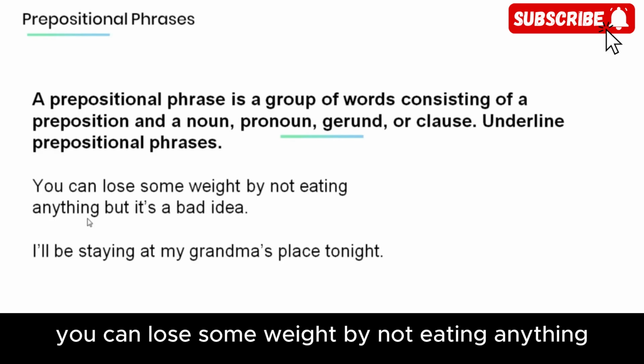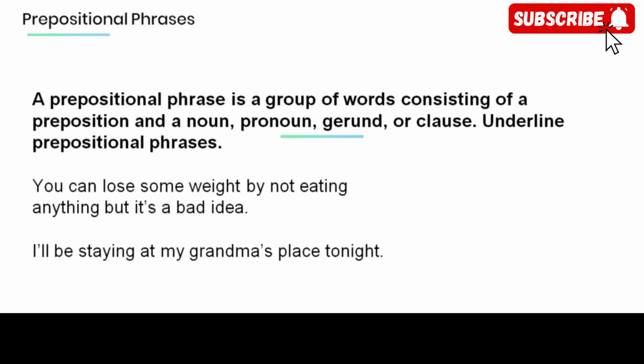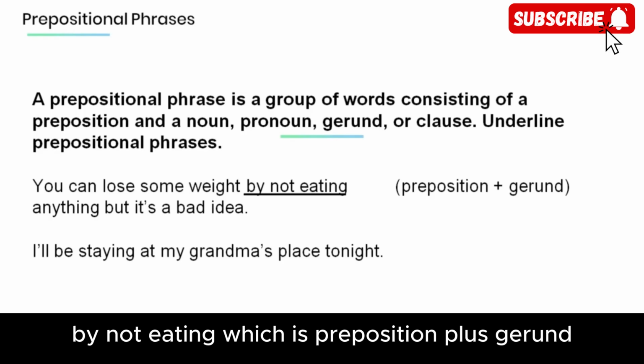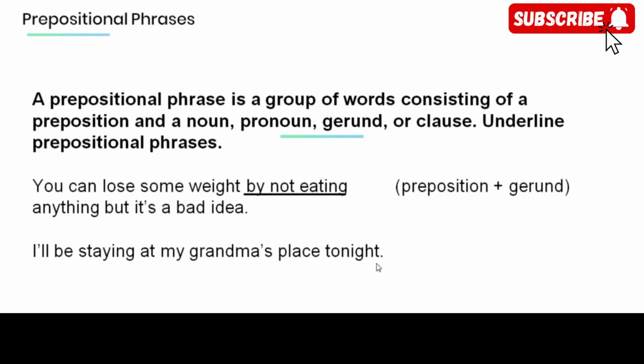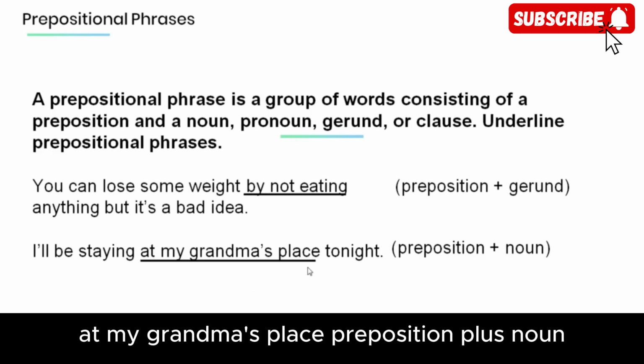You can lose some weight by not eating anything, but it's a bad idea. By not eating, which is preposition plus gerund. I'll be staying at my grandma's place tonight. At my grandma's place, preposition plus noun.